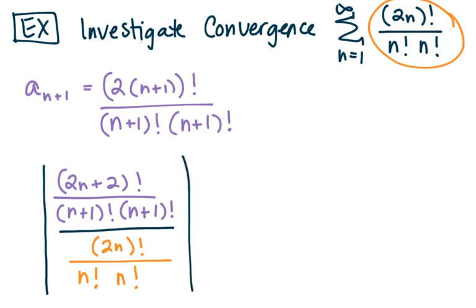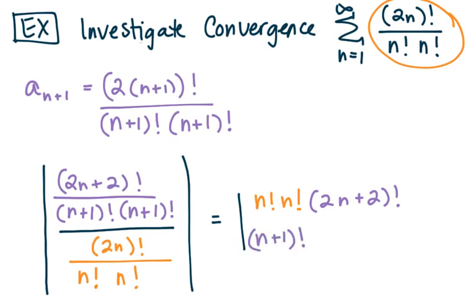So division by a fraction is the same as multiplication by a reciprocal. So this turns into, I'm going to have n factorial, 2n plus 2 factorial over n plus 1 factorial, n plus 1 factorial, and 2n factorial.